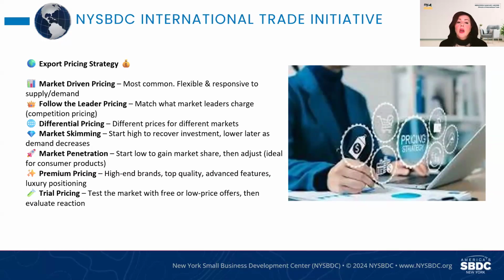Some other, for example, high-end products will use market skimming, which uses a very high price. Think about an Apple phone, or any sort of high technology. At first, the price is really, really high, and then as the demand decreases, the price is going to go lower.